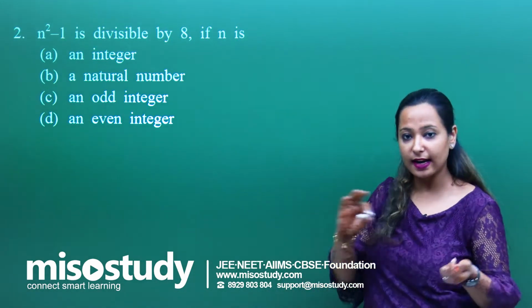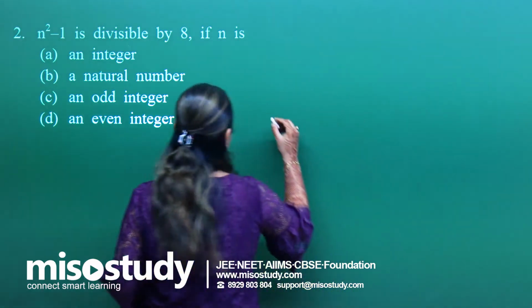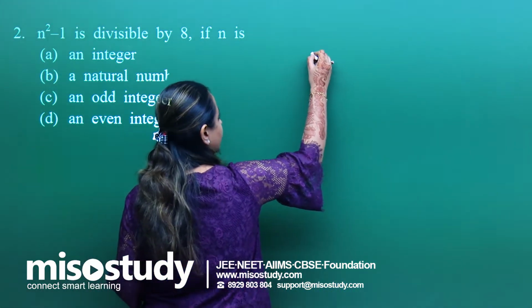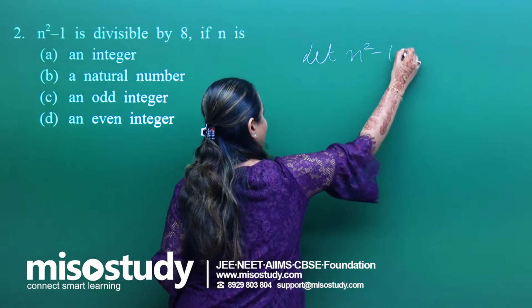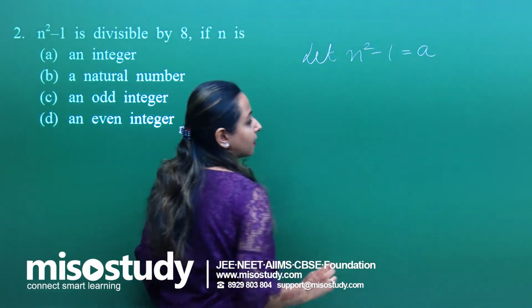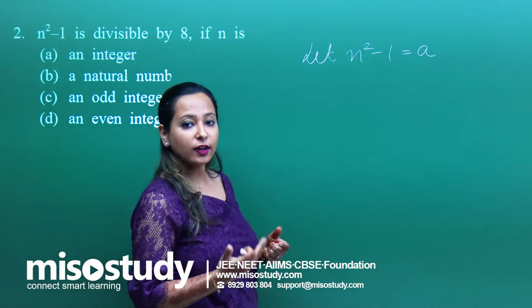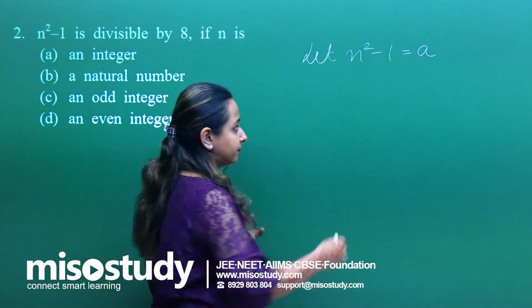So let's understand this. In this case, we will be taking n square minus 1 as a. So a can be an odd number or an even number.